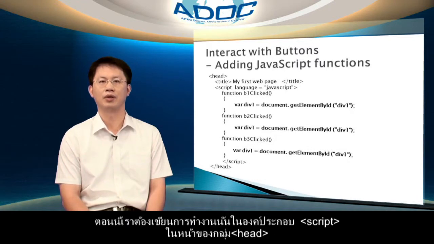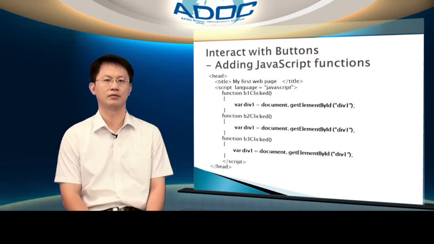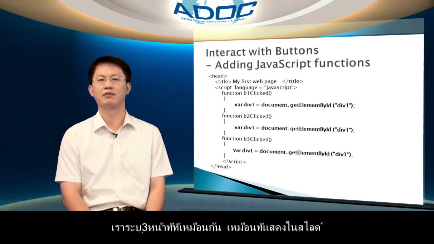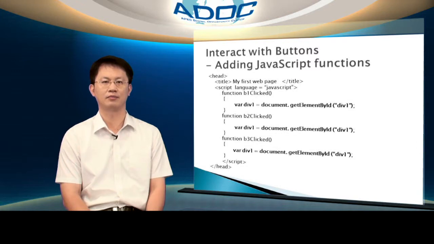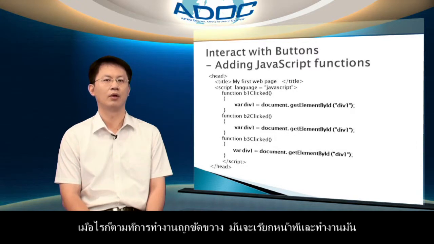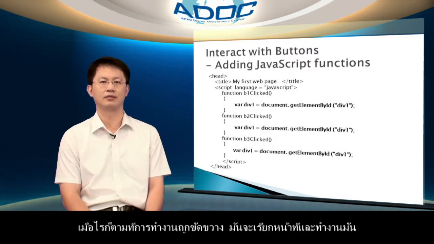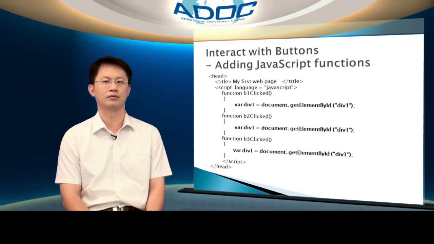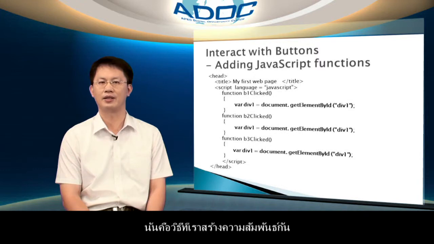And now we need to write those functions in the script element in the page's head section. We specify 3 corresponding functions as shown in the slide. Whenever the event is triggered, it will call the function and run it. That's how we create the interactions.